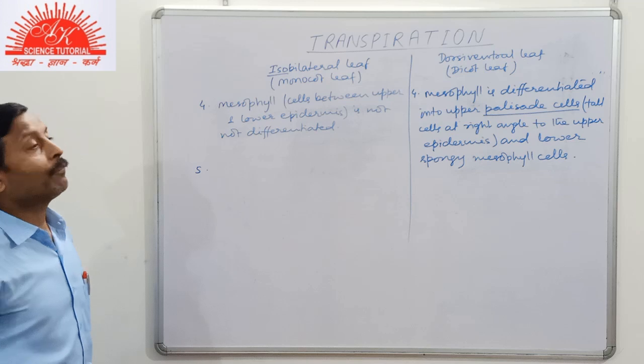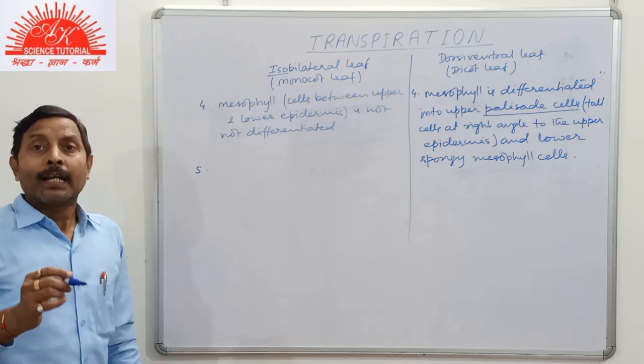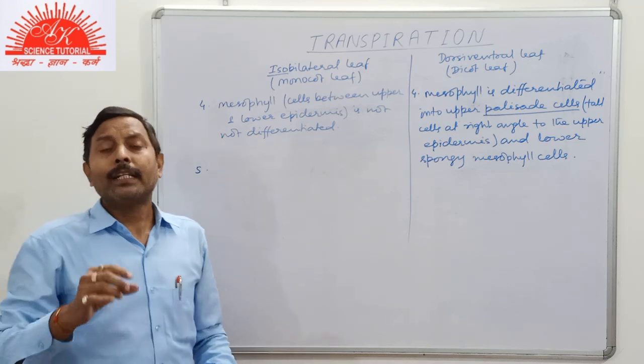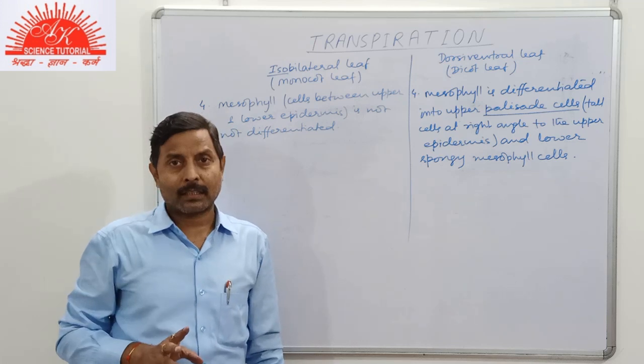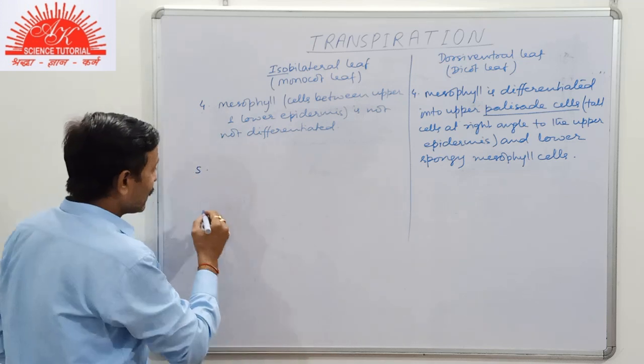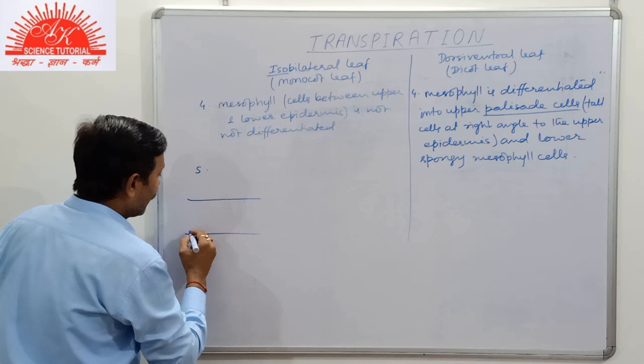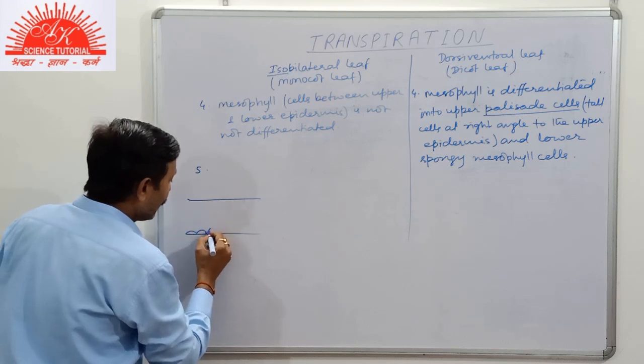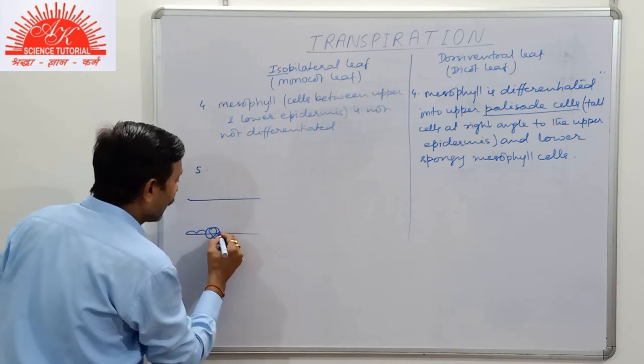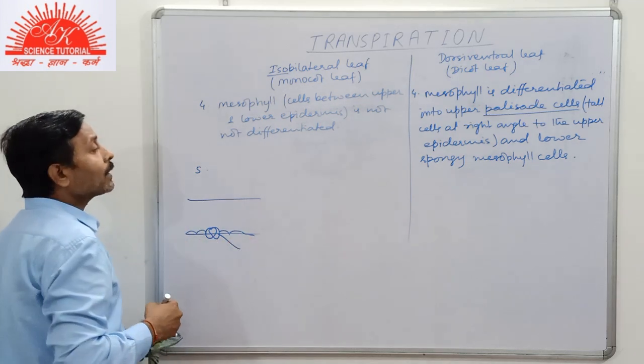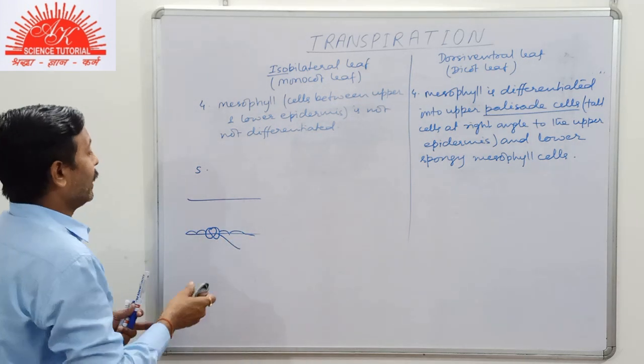Now the fifth point. The stomatal opening is regulated by guard cells. Suppose there is a leaf and here is the stomata, then this is the guard cell. What will be the shape of the guard cell in these two cases?